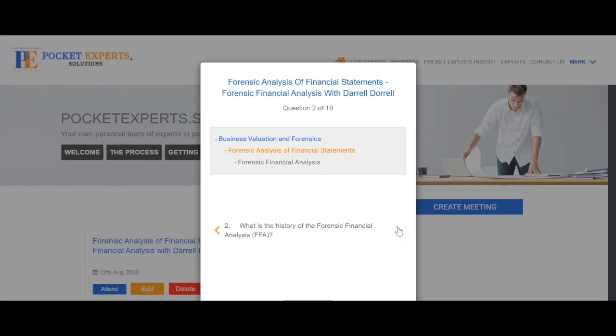As the military says, no battle plan survives first encounter with the enemy, but they still go in with a plan and they still are able to adapt because they're so well trained that they know how to do that. It's the same aspect for forensic financial analysis.